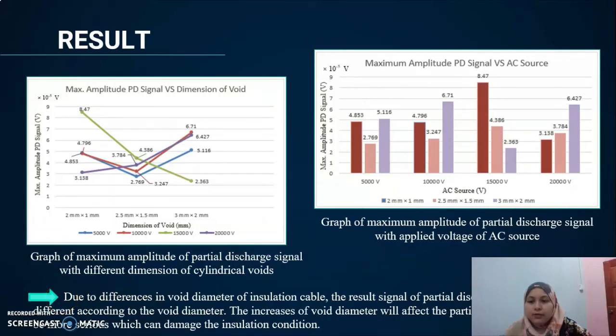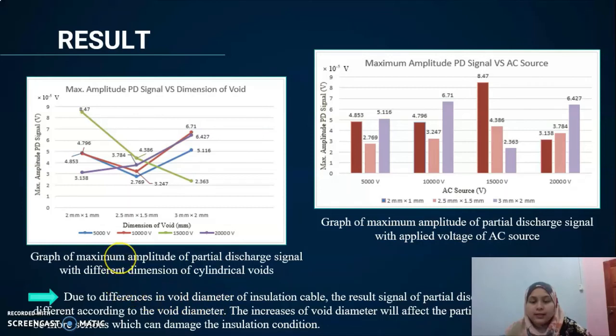And the graph shows all the maximum amplitudes of partial discharge signal with different dimensions of cylindrical void from 5 kilovolts until 20 kilovolts. And this graph shows all the maximum amplitudes of partial discharge signal with the applied voltage of the AC source. From this result, we can see that the differences in void diameter of the insulation cable will result in the partial discharge signal also being different according to the void diameter.